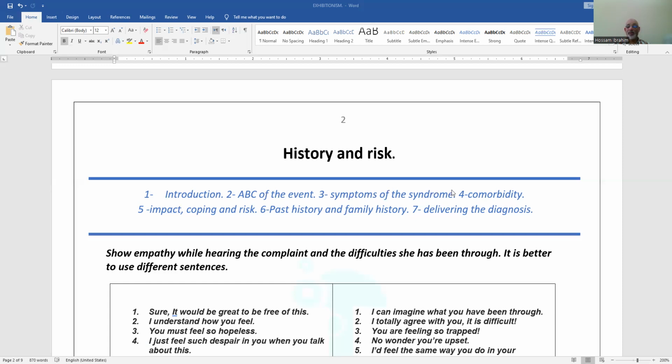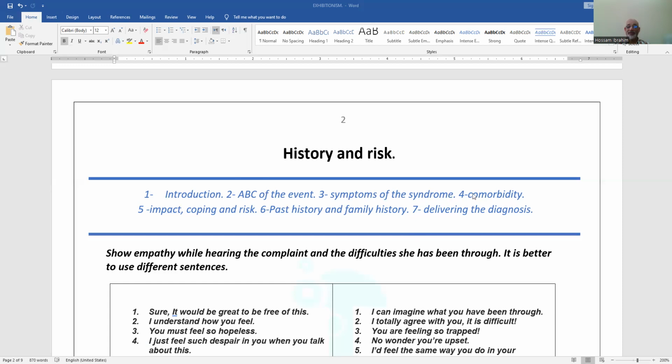And then you have points number 4, 5, 6. These are typical points in the history and risk assessment task. This is what makes the history and risk assessment stations, to some extent, easy, because as you can see, the variation is only in the very first 3 points.